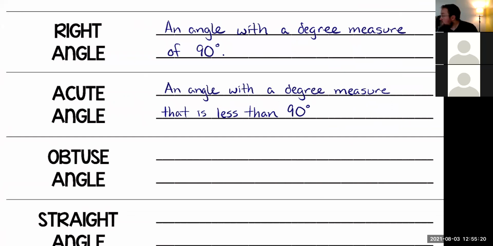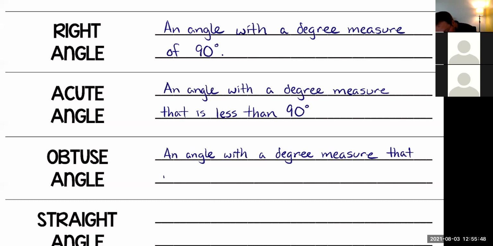If you're guessing, then an obtuse angle is probably going to be on the other side of 90 degrees. So it is an angle with a degree measure that is greater than 90 degrees.